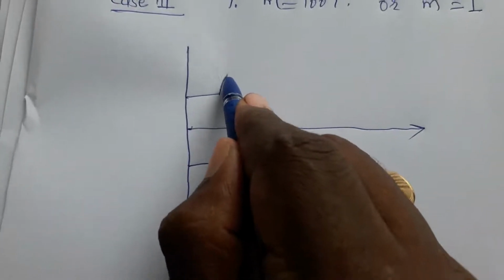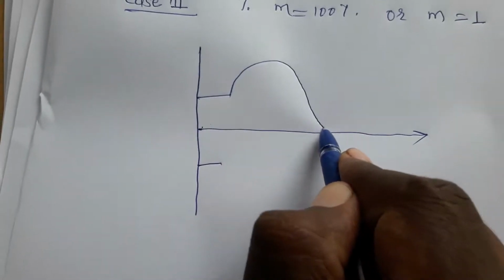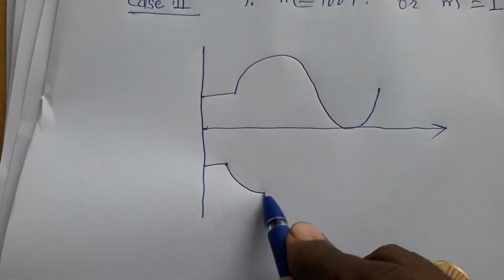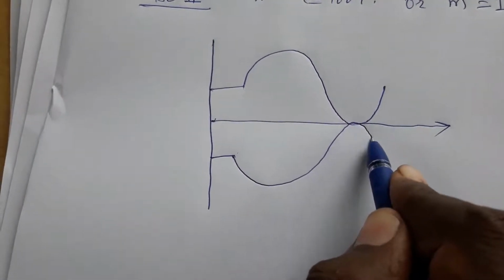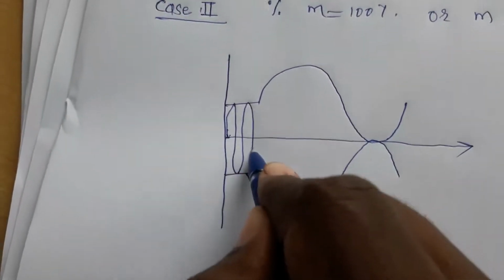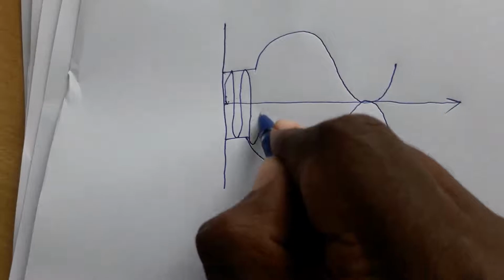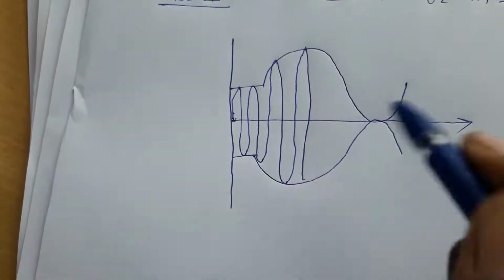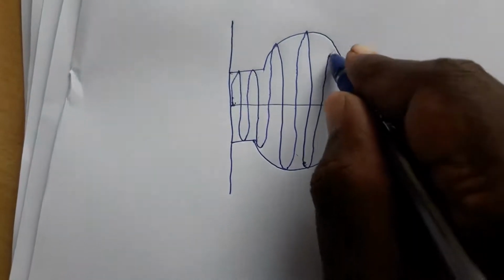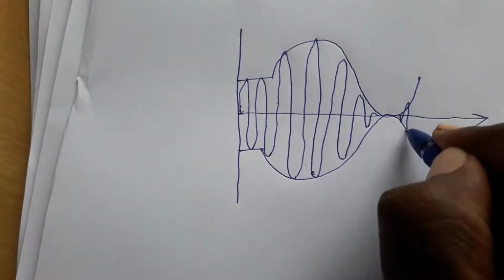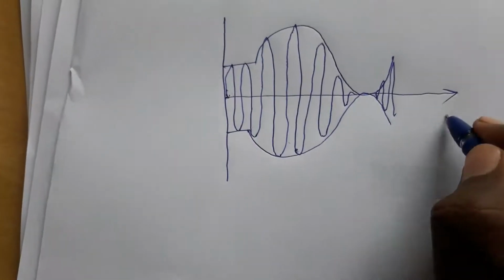At that time, the lower voltage level will touch the x-axis. The carrier changes its amplitude as per the instantaneous change in amplitude of the modulating signal, keeping frequency and phase constant.